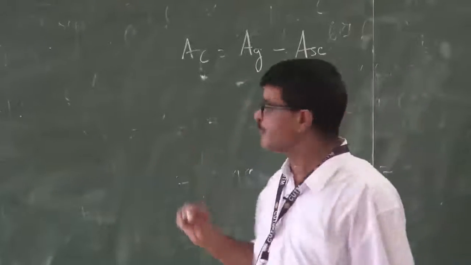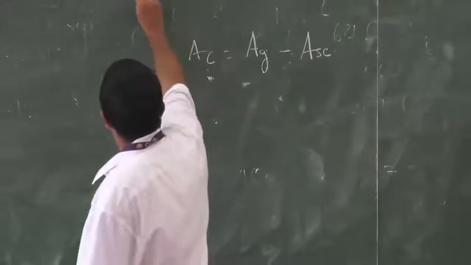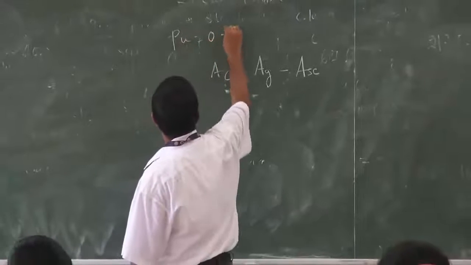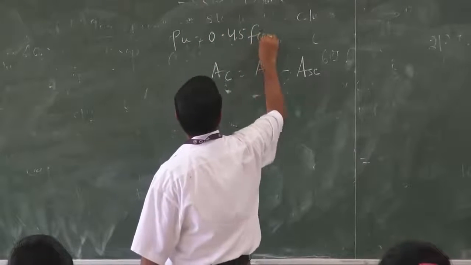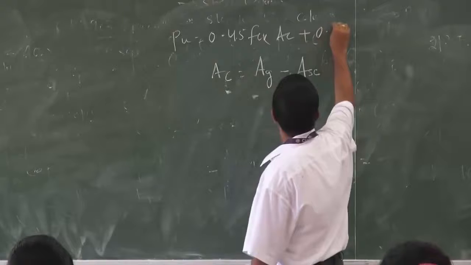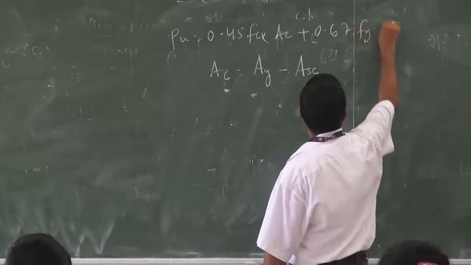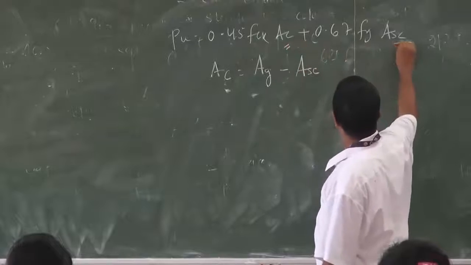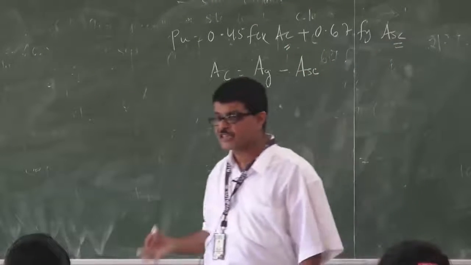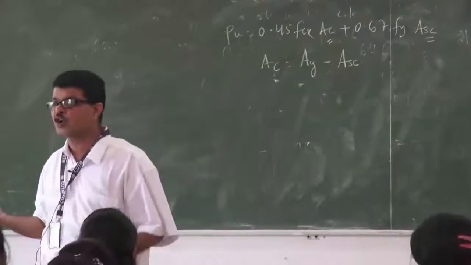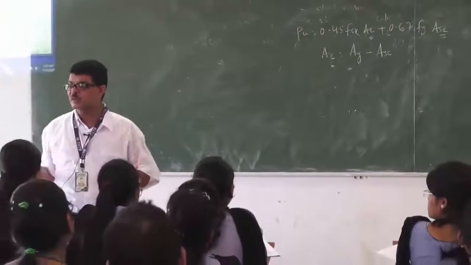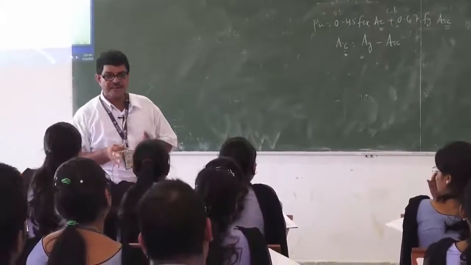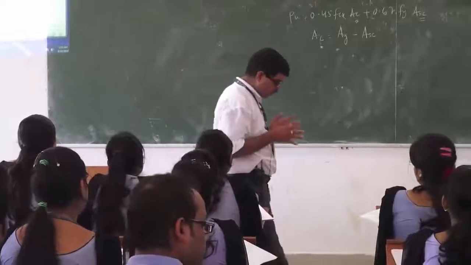Your equation is given very clear that PU is equal to 0.45 FCK AC plus 0.67 FY ASC. Now if you convert AC and ASC in terms of AG, gross area, then you can find the gross area and you can find the dimension of the column. To find the dimension of the column, you should know the gross area.